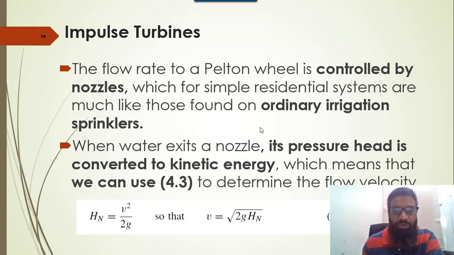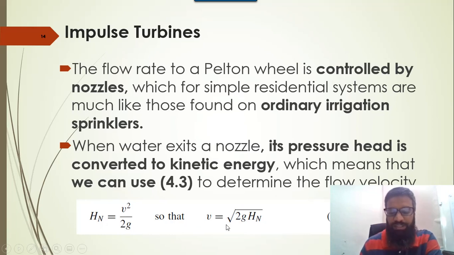The flow rate to a Pelton wheel is controlled by a nozzle, which for simple residential systems is much like those found on ordinary irrigation sprinklers. When water exits a nozzle, its pressure head is converted to kinetic energy, which means it can be used to determine the flow velocity. So this is the head Hn, which is basically the square of the velocity divided by 2g.